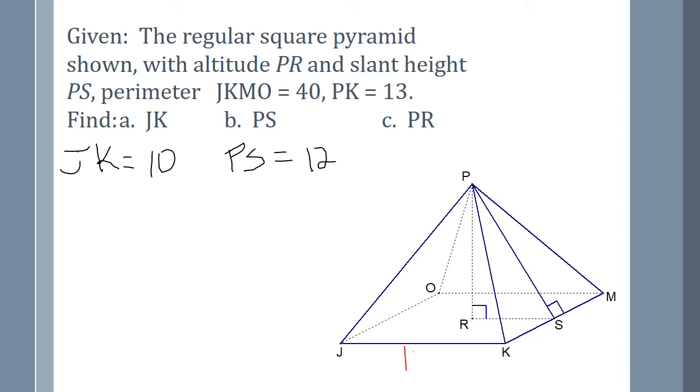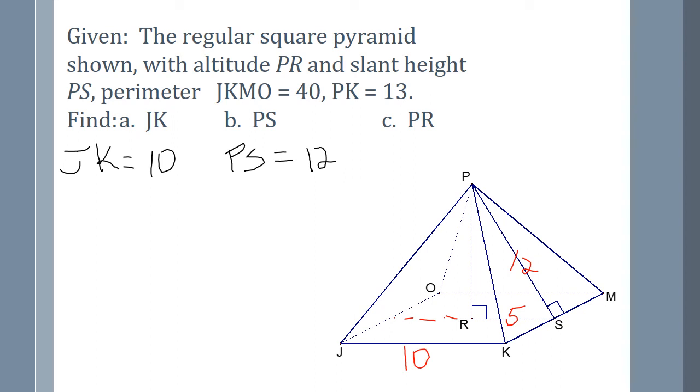If this is 10, we know that this whole distance is also going to be 10, and R is going to split that distance evenly. So that's going to be 5. And we've already learned that the slant height PS is 12. So therefore we can ascertain that.